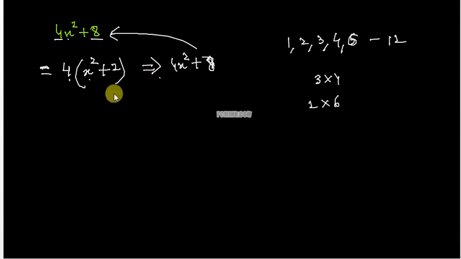Now I have another example here: 4y cube plus 2y square. This time it's not just the number 2 which is common. The moment you look at it you see 4 and 2. If you're good at tables, you can immediately make out that 2 is a factor of 4, so obviously 2 would go out.